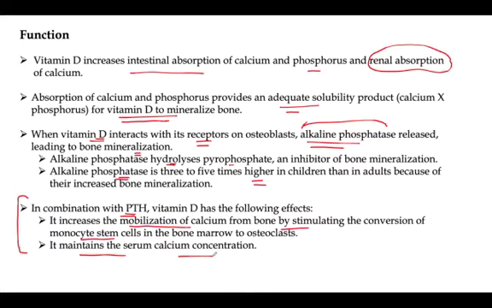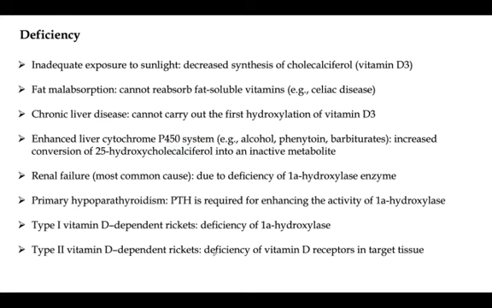Now, vitamin D, if you remember, go back to what we studied in biochemistry. The precursor of vitamin D is cholesterol. And for the process of cholesterol synthesis, you require the hexose monophosphate shunt pathway or the pentose phosphate pathway.